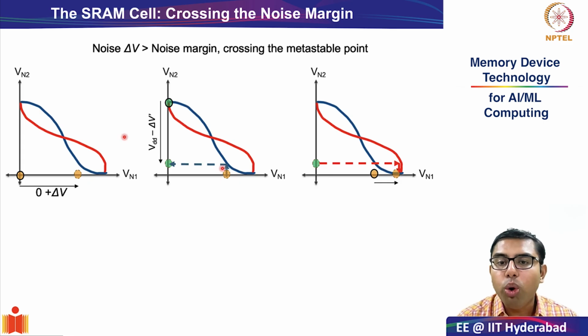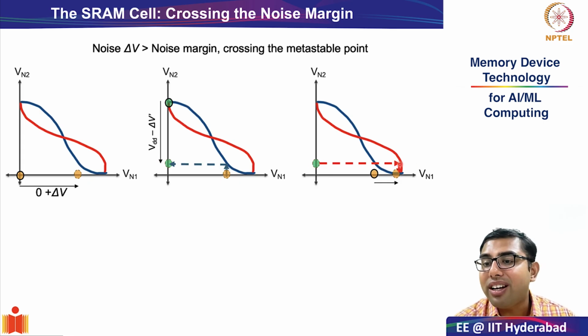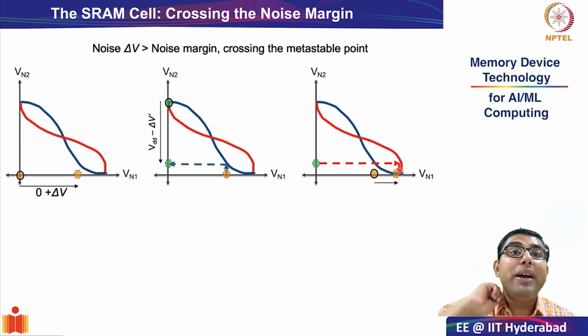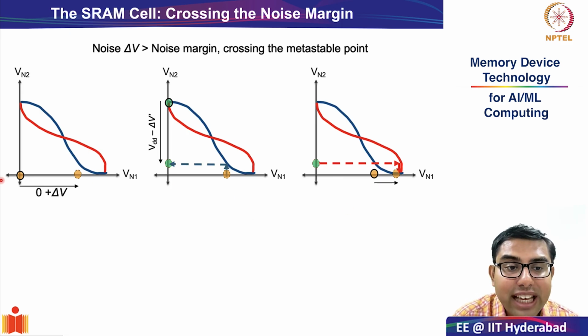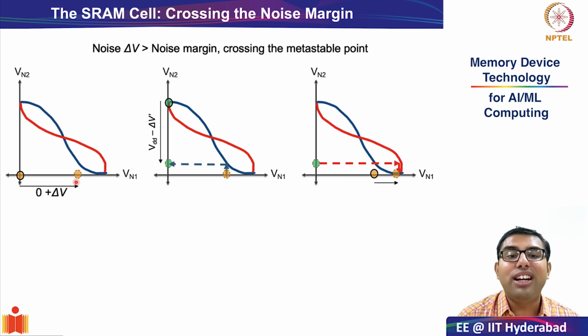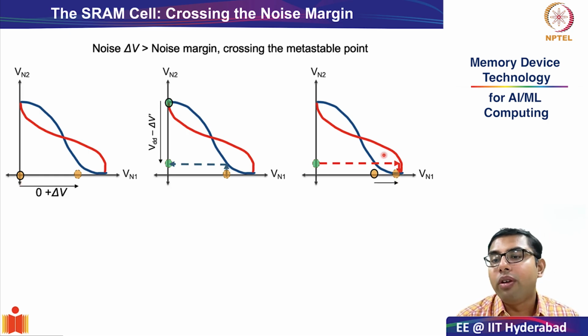And after a few bouncing backs of the blue and the red curve, you will see now the bit value has flipped, or the state value has flipped from 0 state. You added a large enough noise and now it has flipped to the new state. Okay, it has gone to the second stable state. From stable state 0, Vn1 has reached stable state 1.